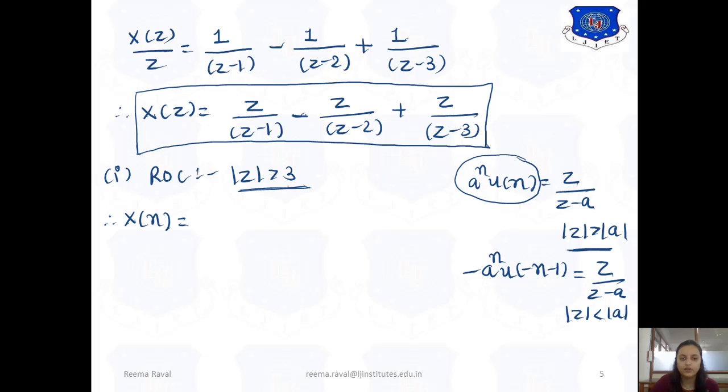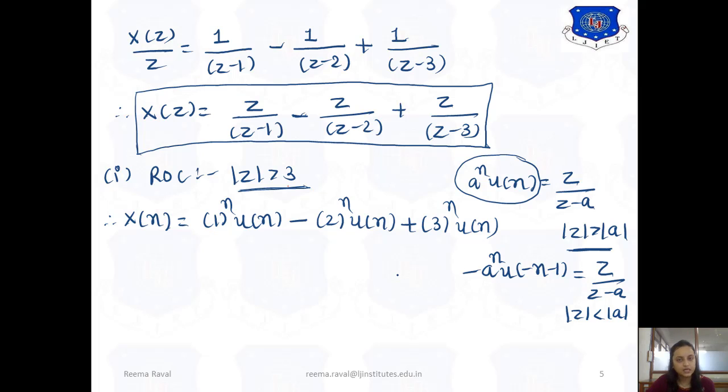Here x of n will be 1 raised to n u of n minus 2 raised to n u of n plus 3 raised to n u of n, right? So this is the answer for the first case, that is ROC greater than 3.